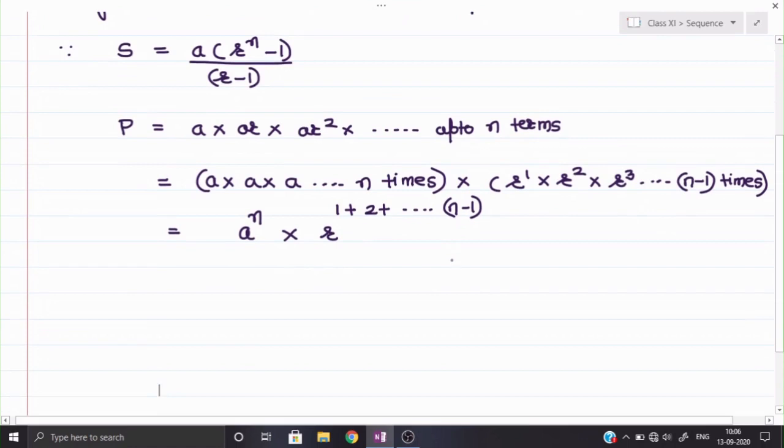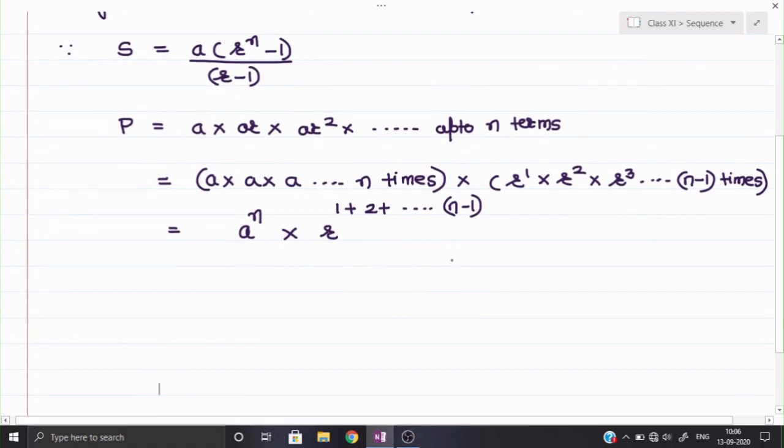Now the total number of terms is not n over there, so don't be confused. So here a to the power n will be as it is, into r to the power, applying the formula, n minus 1. See, I will write the formula down first so you will get it clearly. Sum of n terms 1 plus 2 plus 3 and so on. What is the formula for the sum of n terms?